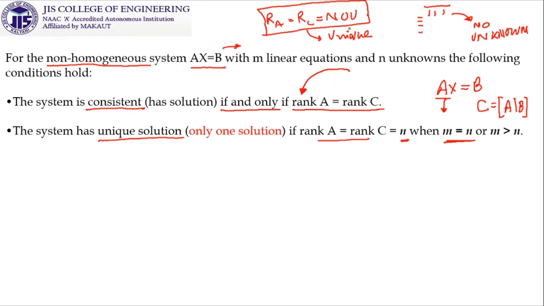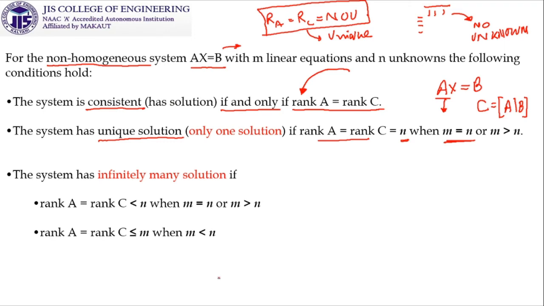So obviously the next question will come: in the case of consistency, what is the relationship between the ranks by which we can decide it is going to have infinitely many solutions? So the system has infinitely many solutions if rank of A is equal to rank of C, which is required because it is the condition for consistency.